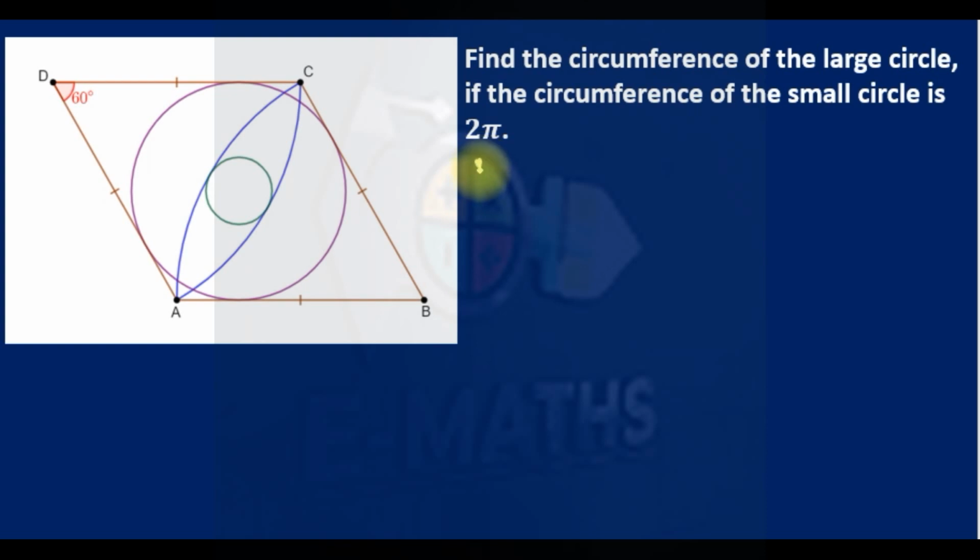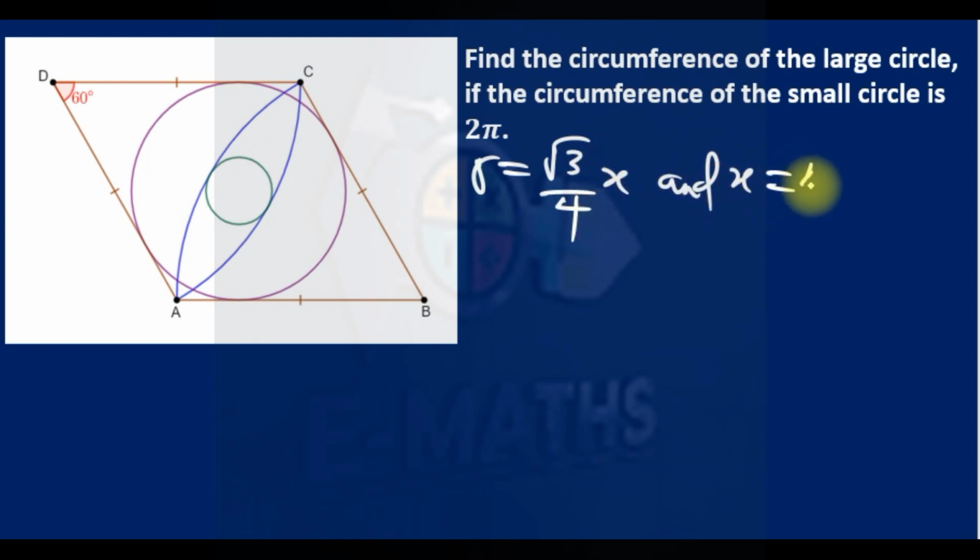Since we've seen that the radius, remember, the angle here is 60. So the radius, when one of the interior angles is 60, is equal to root 3 over 4 x. And we've calculated that x is 4 plus 2 root 3. Remember, the radius we are talking about is the radius of the big circle.